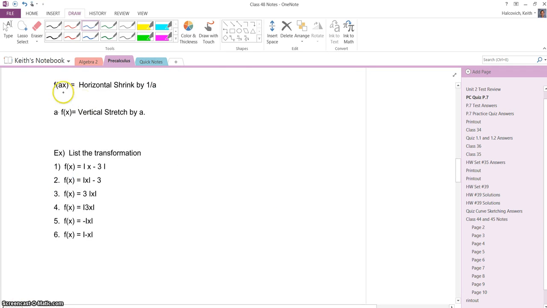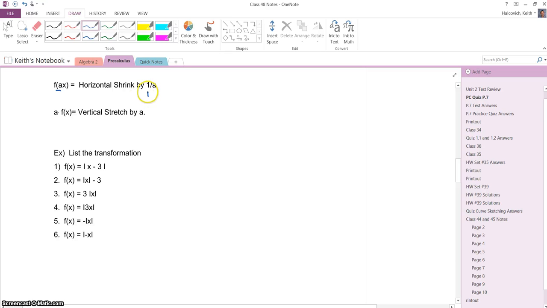Alright, so just to review, anytime you multiply inside the function by a number, you're going to basically multiply by the reciprocal, so 1 over a, or divide by that number. Anytime you multiply the number outside of the function, it's considered a vertical stretch by that factor, so it's the same.